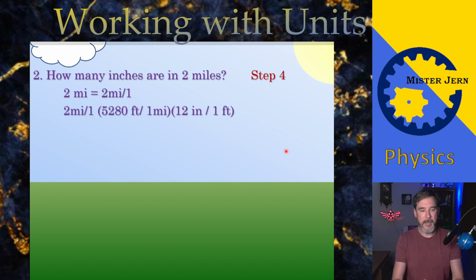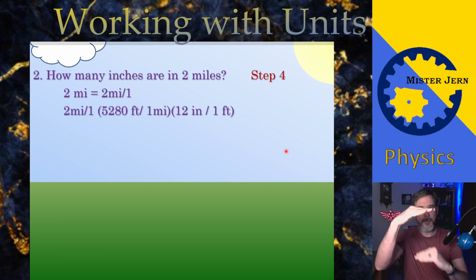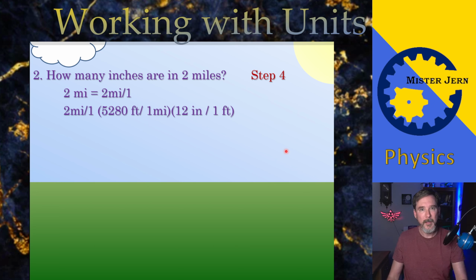The reason I say to wait on putting the numbers in is because if you try to put the numbers in first, you're oftentimes going to get confused as to which number goes on top and which goes on the bottom. By establishing with just the units which is on top and which is on bottom, I can say, well, I know there's 5,280 feet for every 1 mile.